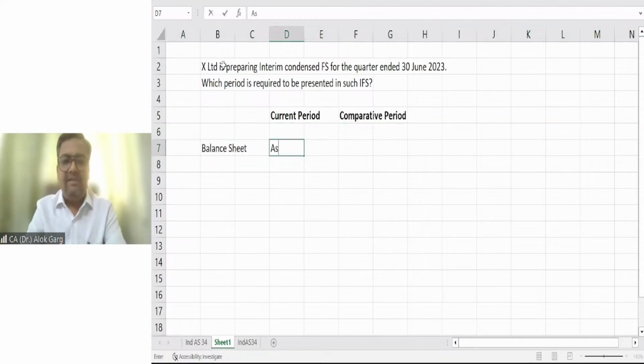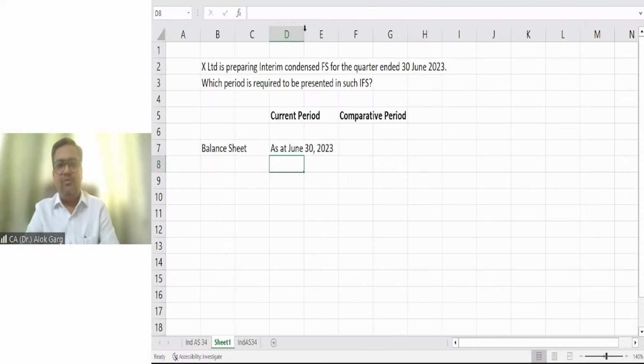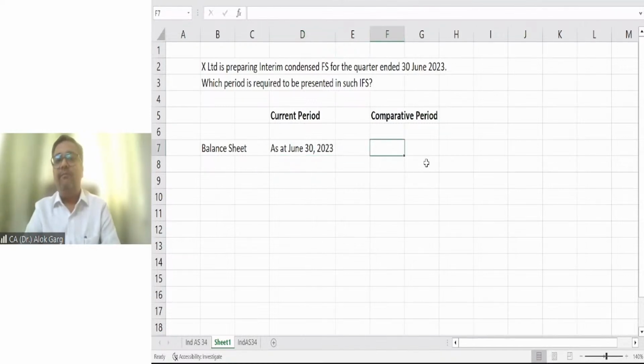Balance sheet as at June 30, 2023, right? What about comparative period? This June 30, 2023 balance sheet needs to be compared with which period? Tell me, friends. With which period?